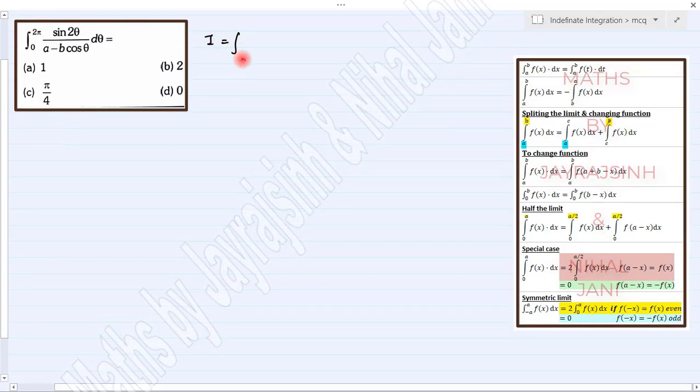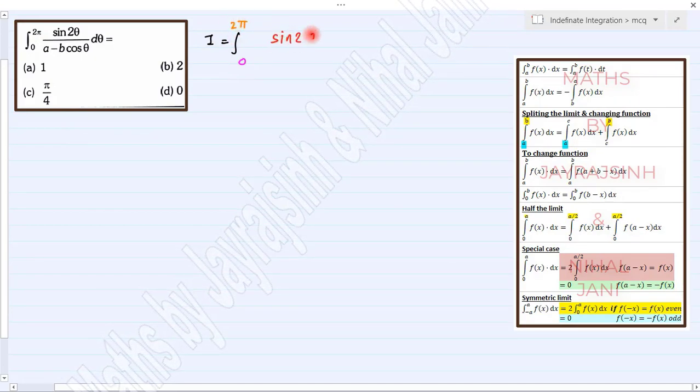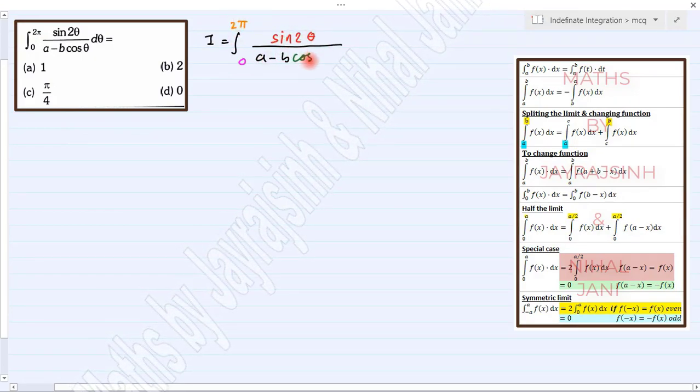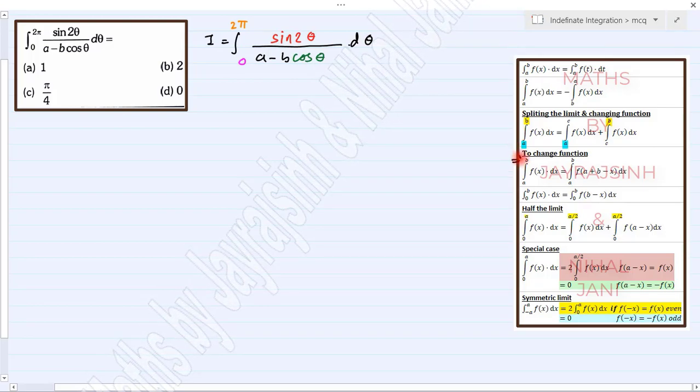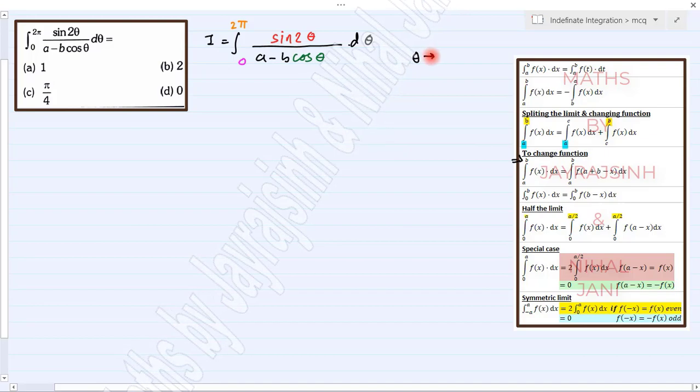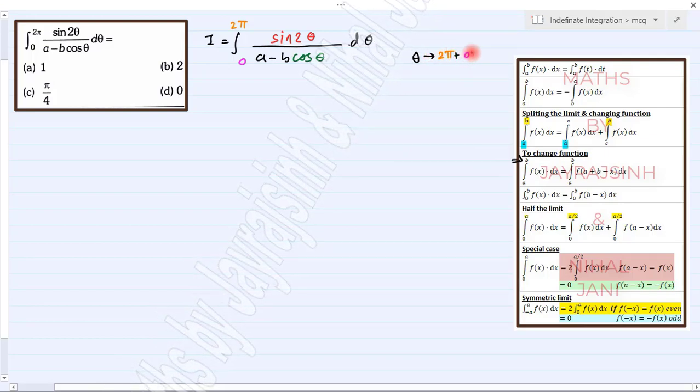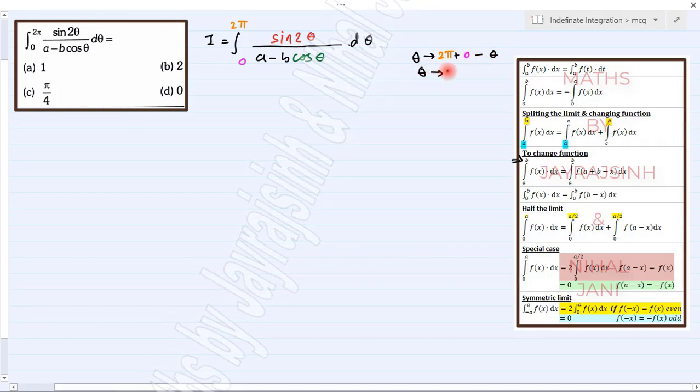Here we have to find the integration of sine 2 theta upon a minus b cos theta from 0 to 2 pi. Let's use the property to change the function. We can replace theta by the summation of the limits, which is 2 pi plus 0 minus theta, or we can say theta can be replaced by 2 pi minus theta.